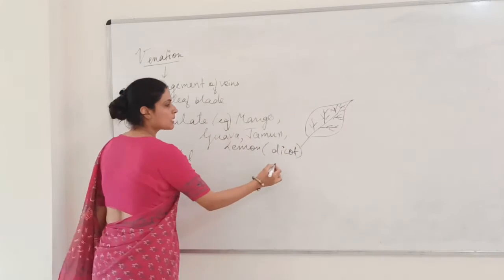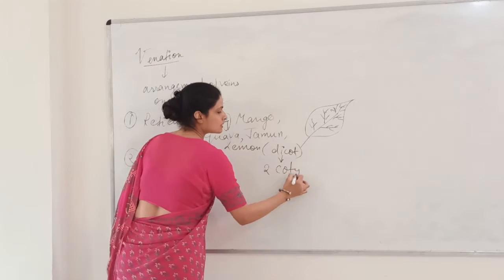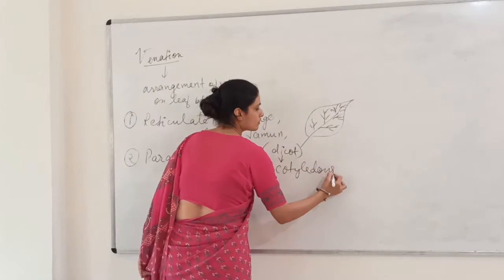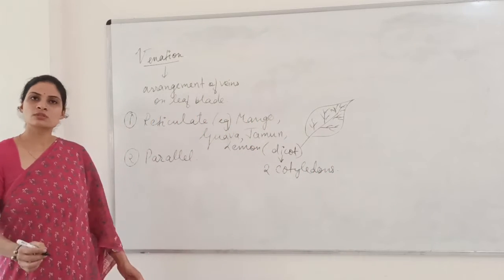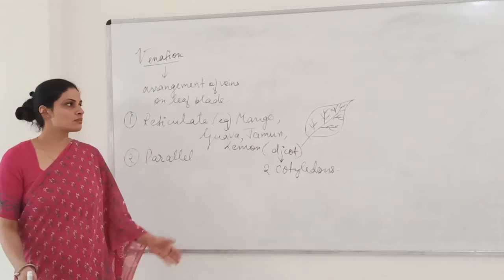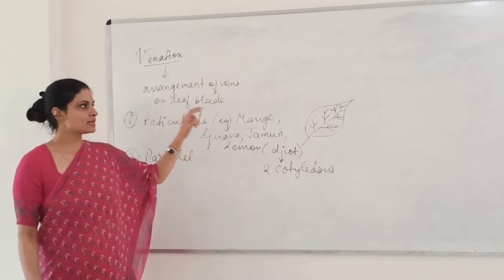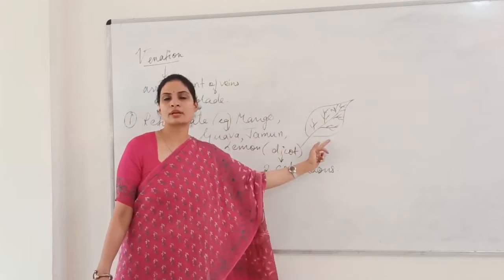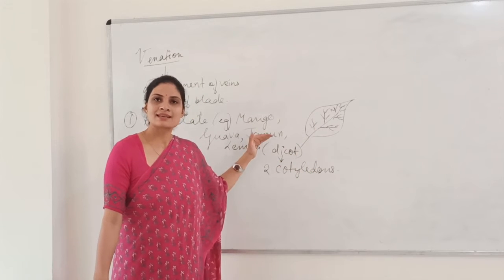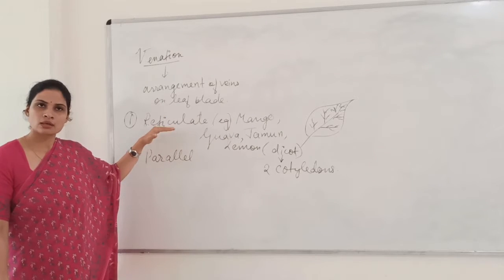Dicot means the plants whose seeds have two cotyledons. So those leaves will show reticulate venation, where the veins are arranged in the form of a network on the leaf lamina.